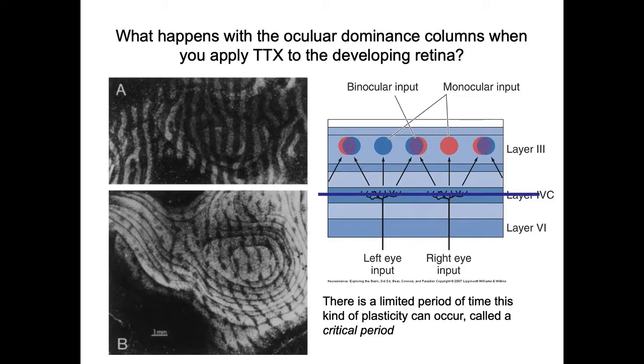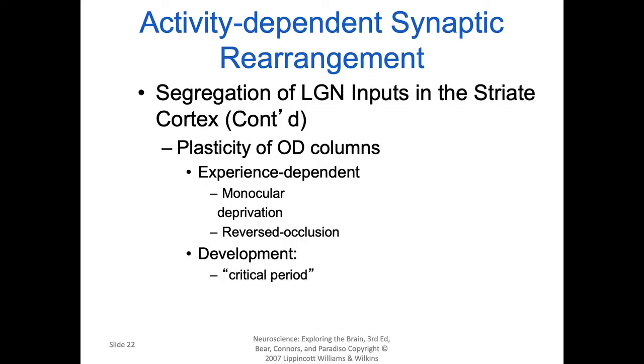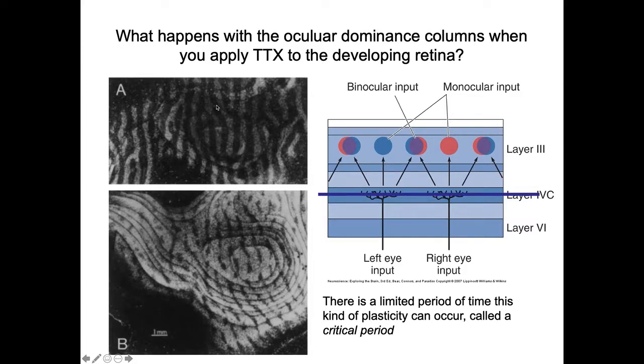The way they tested this, as I mentioned before, is what they call monocular deprivation: they knocked out one eye, and then saw these types of striations and other things occur. So let's take a quick look at what they did. They looked at the plasticity of these different ocular dominance columns. What they found is that for these stripes, if you closed one eye and left the other one open, then one particular eye would dominate.